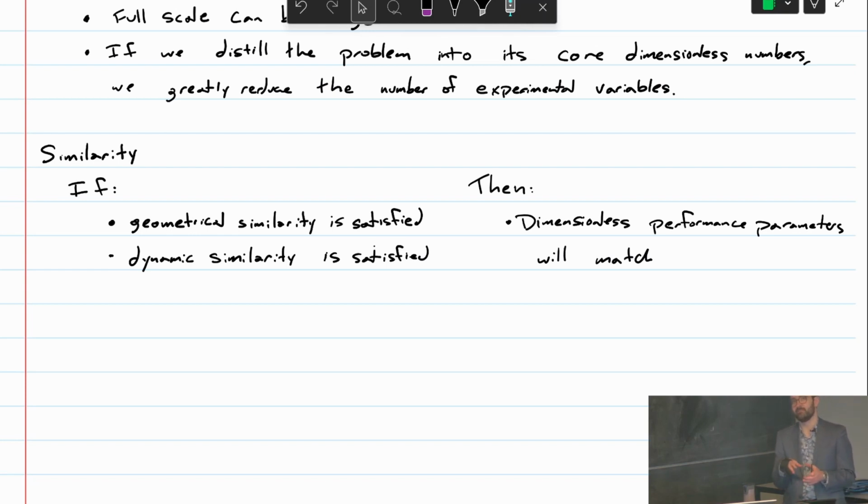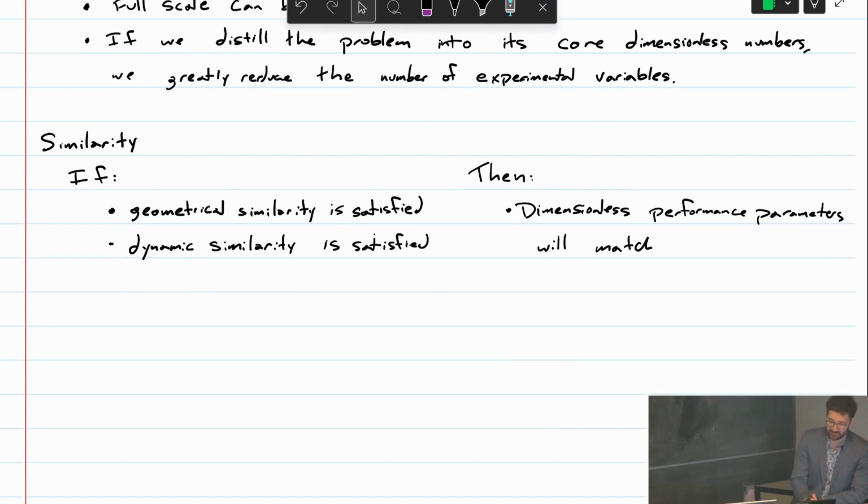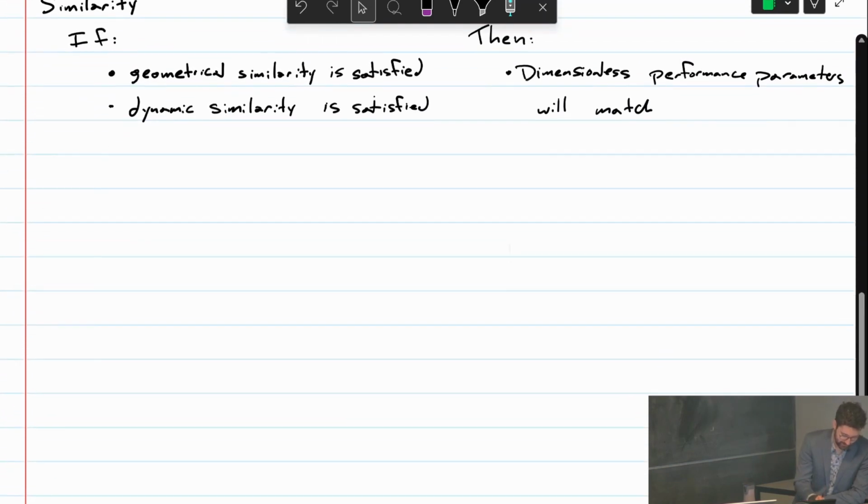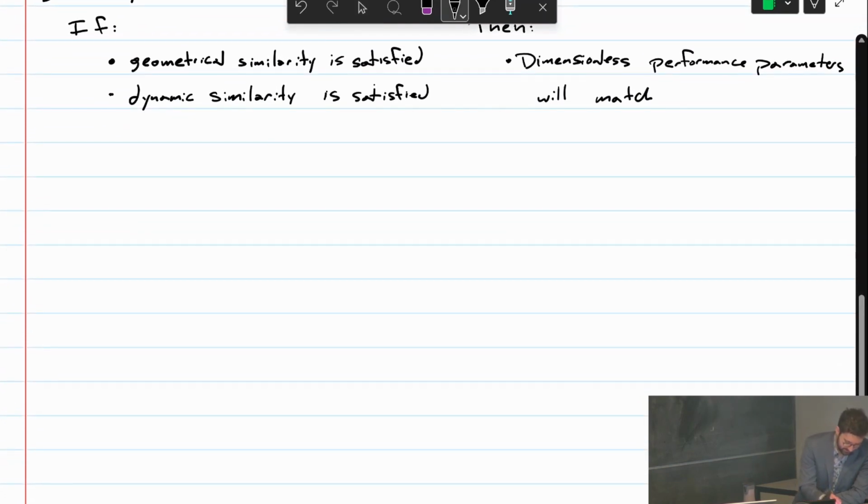If we match, we can generalize to any case where we get those same similarity parameters matching. We don't even have to compute, we just know the dimensionless performance parameters for those cases will be the same. So what do I mean by geometric and dynamic similarity?